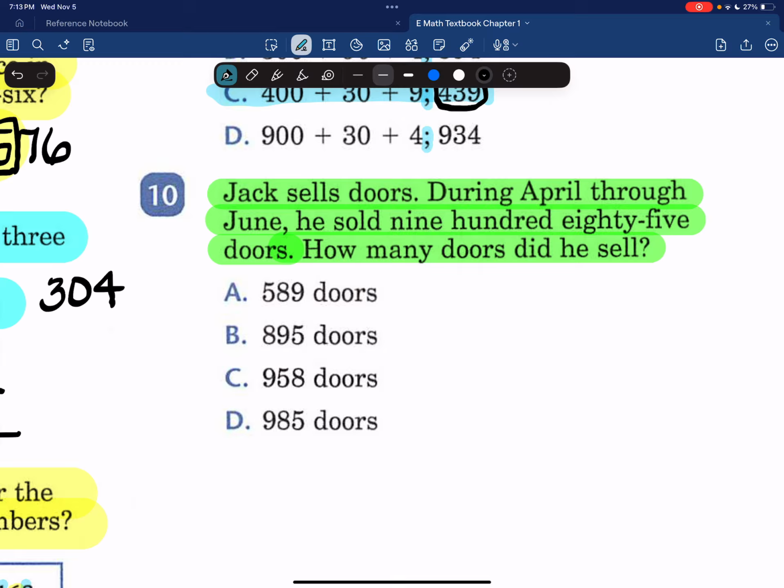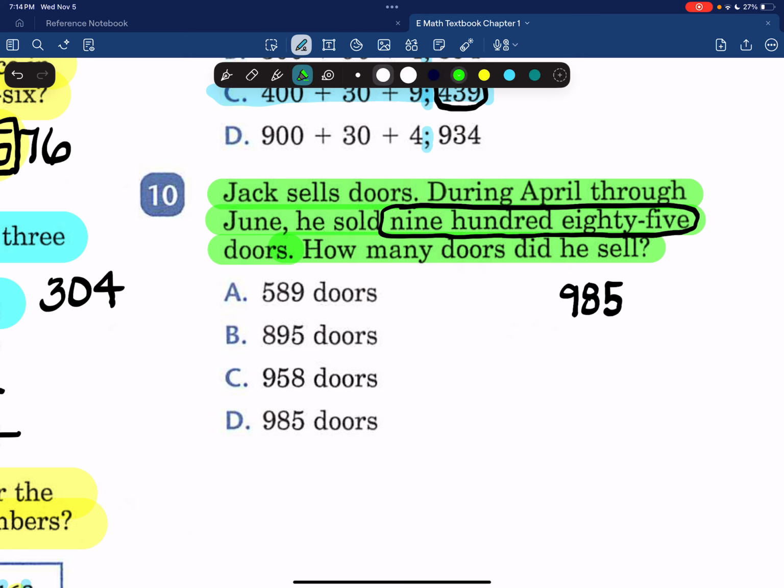So the clue in this one is right here. 985 would be 9 flats, 8 rods, 5 cubes. And the answer that matches that is D, 985. Be careful with C.